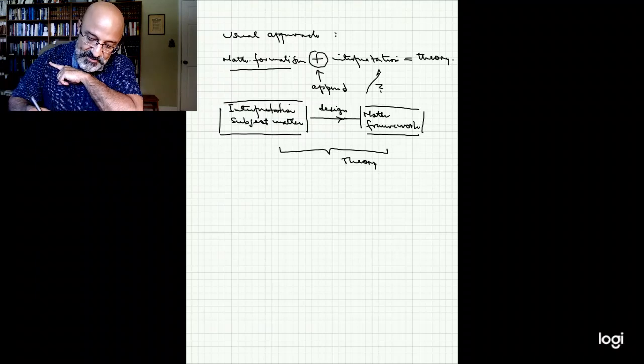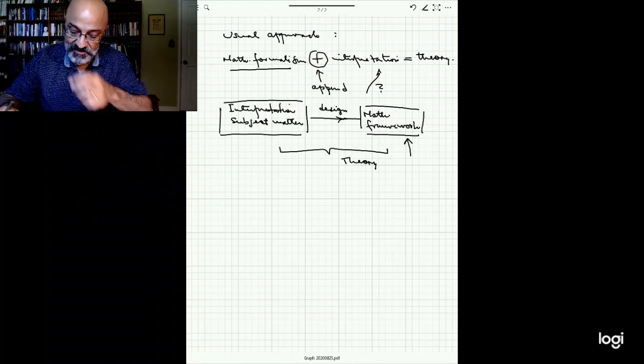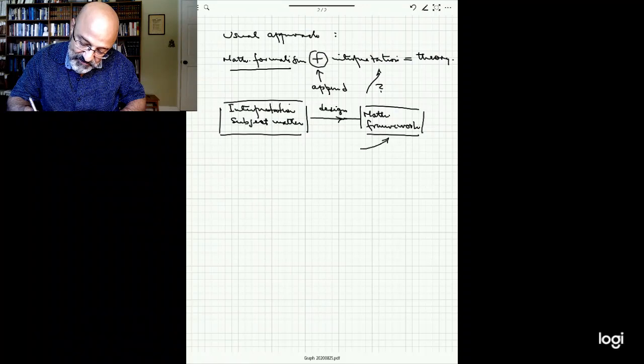But in this second version, we're trying to compare to experiment different mathematical frameworks, and we would be led to different mathematical predictions, and therefore some might agree with experiment or not. So the crucial thing we might want to claim here is that this is what can be compared to experiment.